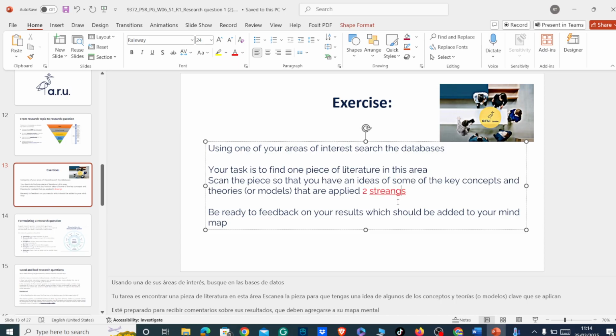Now, if you don't have a piece already, then we'll spend some time looking for some, and I can help you with that. So 2 strengths, 2 weaknesses. What next?